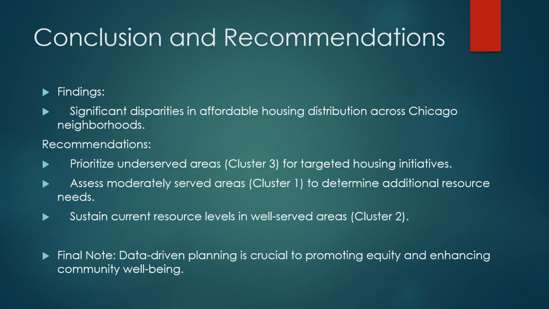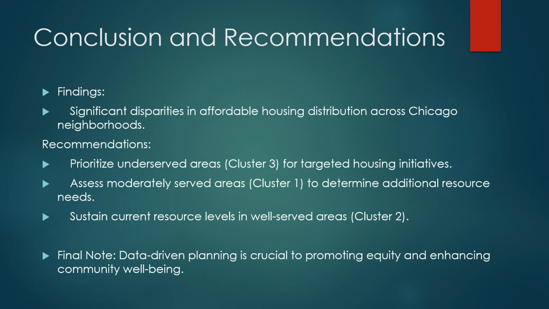Okay. So in my conclusions and findings, we say there are significant disparities in affordable housing distribution across Chicago neighborhoods. That's what the analysis concludes.